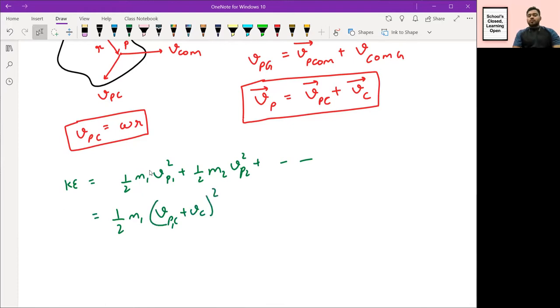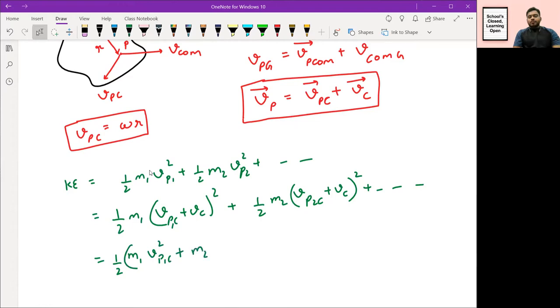Now this square means dot product, right? Plus half m2 (Vp2c plus Vc) square plus so on. If we solve it, we will get half [m1 Vp1c square plus m2 Vp2c square plus m3 Vp3c square plus so on].